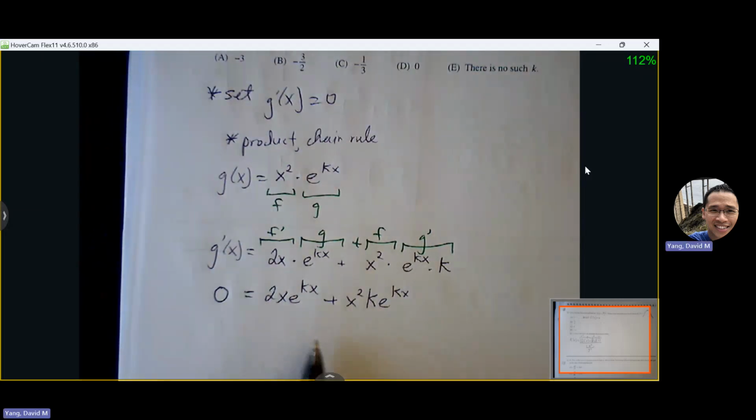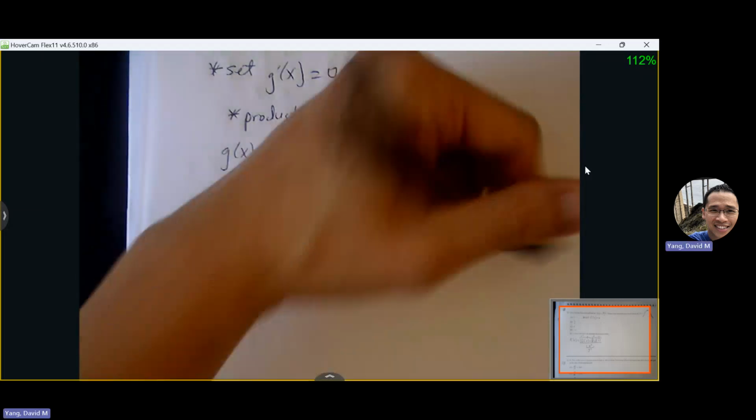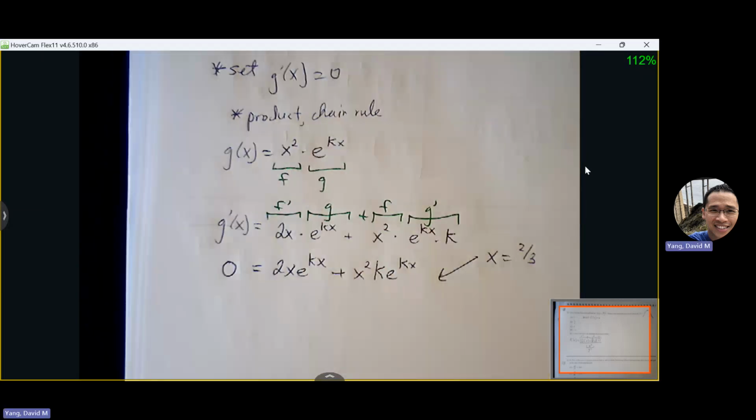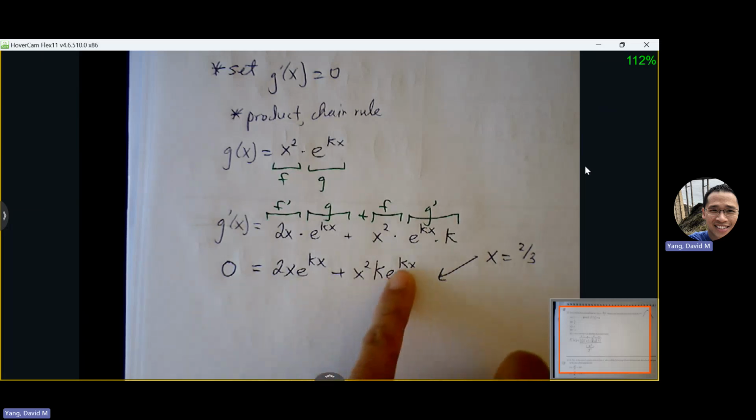Now they tell us that this is at a place where x equals 2/3. So I'm going to go ahead and plug in x equals 2/3 for all the x's. And that should allow me to narrow down and, hopefully, solve for k.